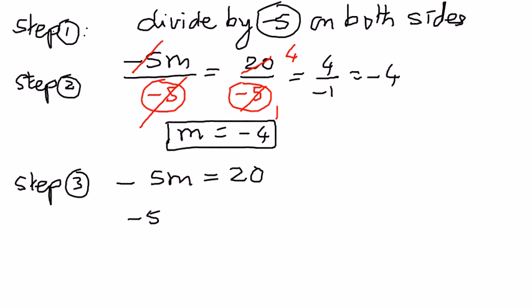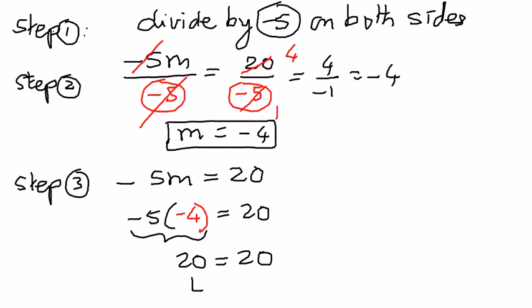Negative 5 times negative 4 should equal 20, which is on the right hand side. If we simplify this, negative times negative is a positive, 5 times 4 is 20. That is exactly equal to what we have on the right hand side. The value on the left hand side is exactly equal to the value on the right hand side, and therefore the value of m, which we have determined as equal to negative 4, is exactly correct.